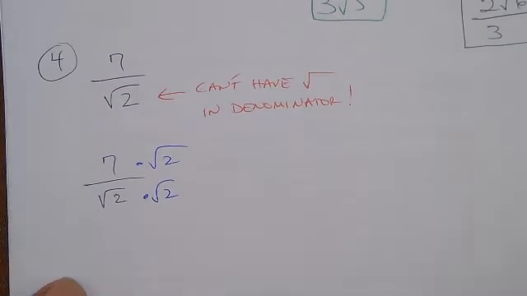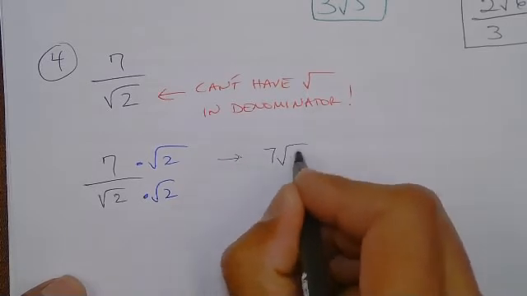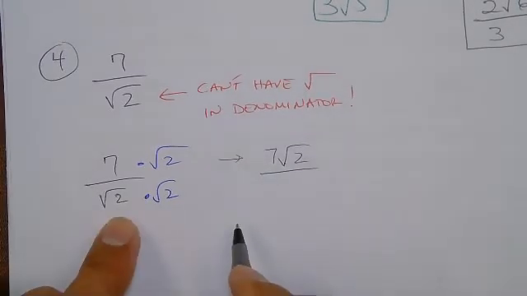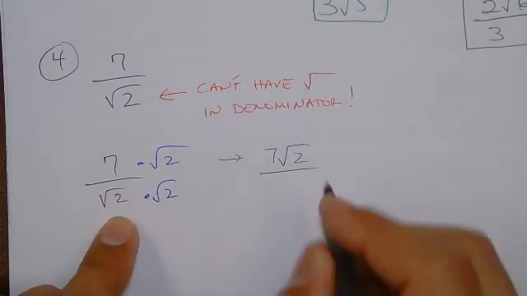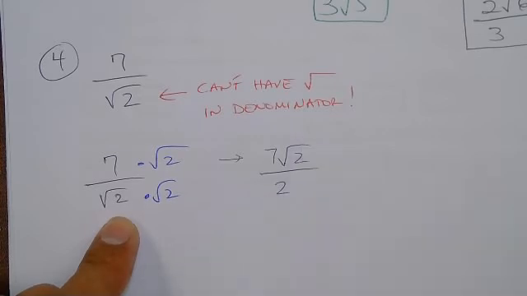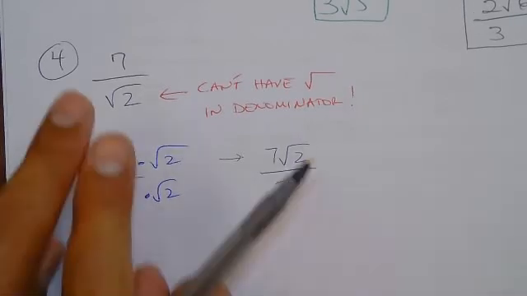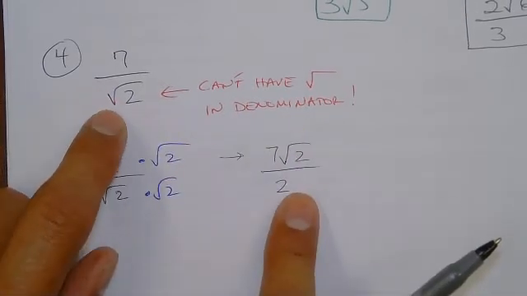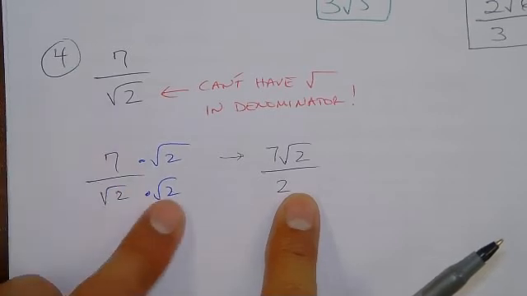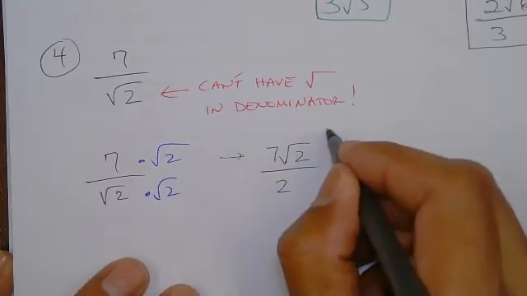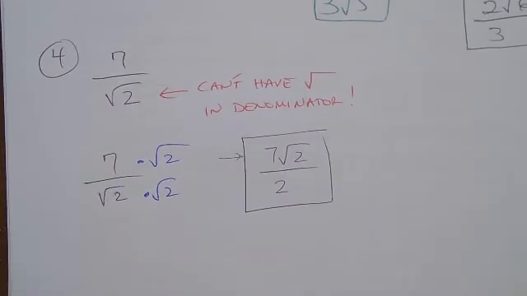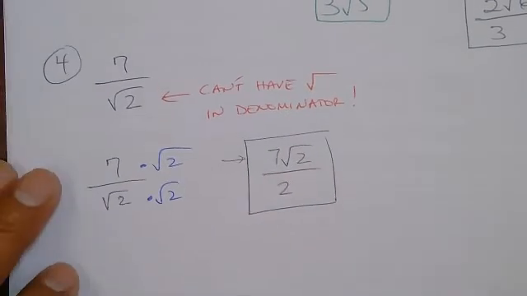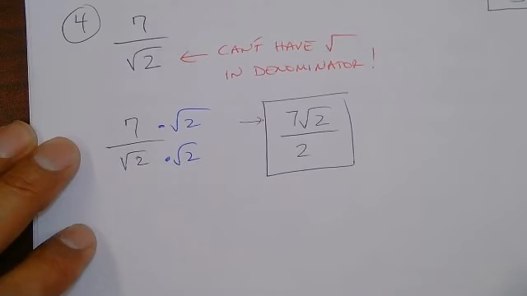What's that going to give you? That's going to be 7 root 2 over 2. See, you'll have this answer, and then when you look in the book, or the worksheet, it'll say this, and you're like, that's not the same. Well, yeah, after you fix it, it's going to look like that. That's the part you're going to need to be able to do: fix it when it has a square root in the denominator.